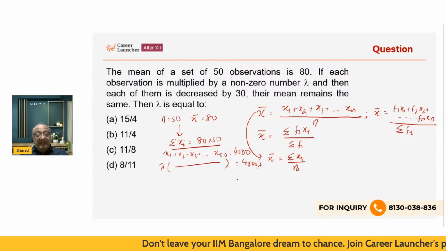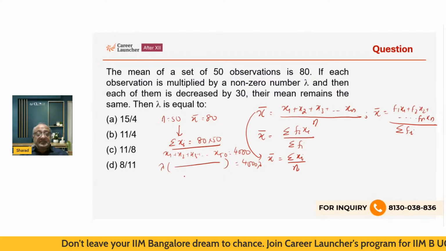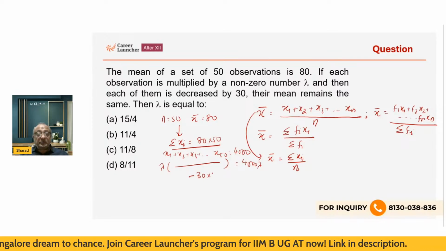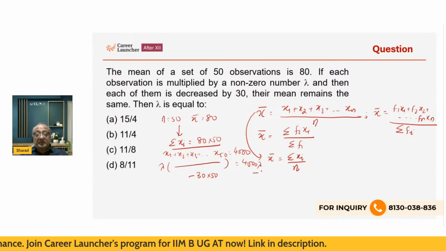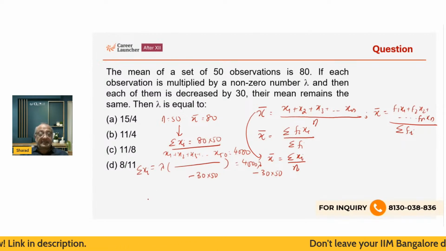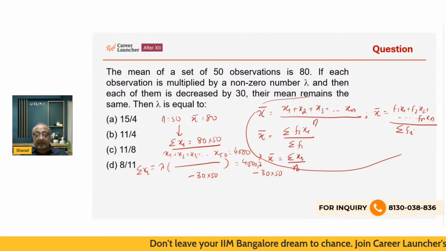Correct? And then each of them is decreased by 30. So we decrease 30 from each, and so this will become minus 30 into 50. This is the new sigma xi. So these are the formulas, let us keep it here.